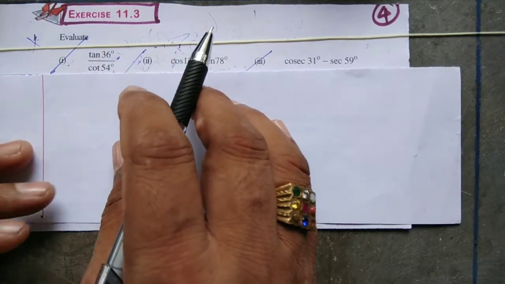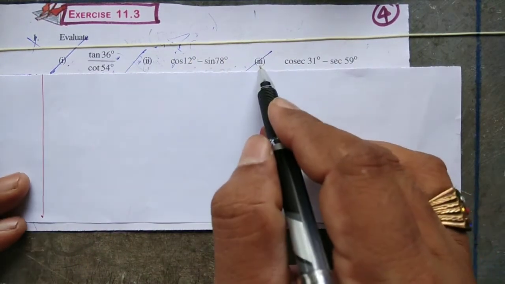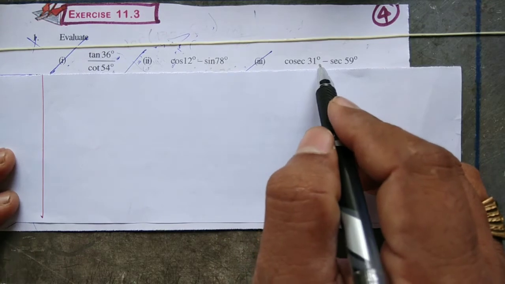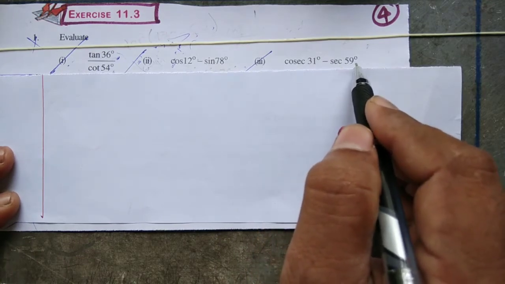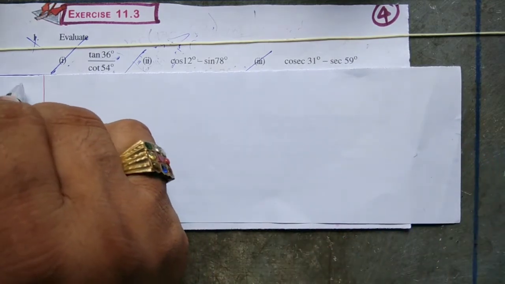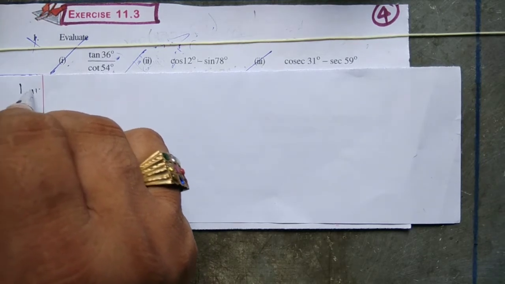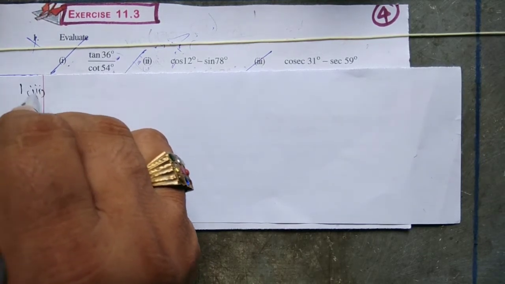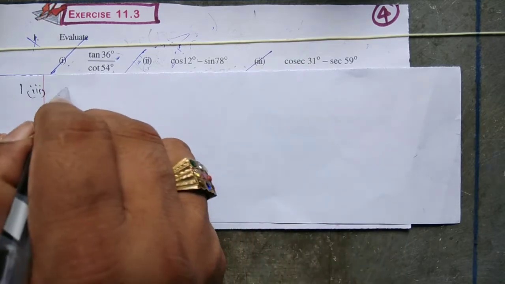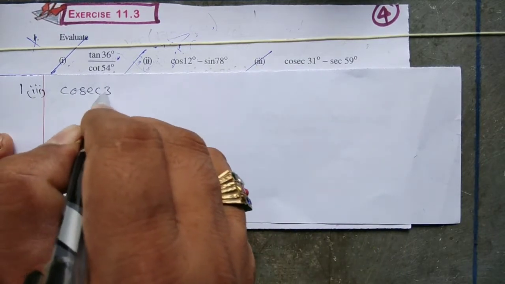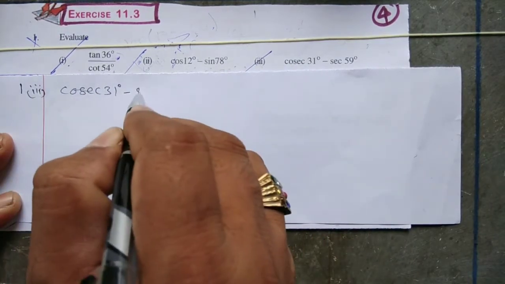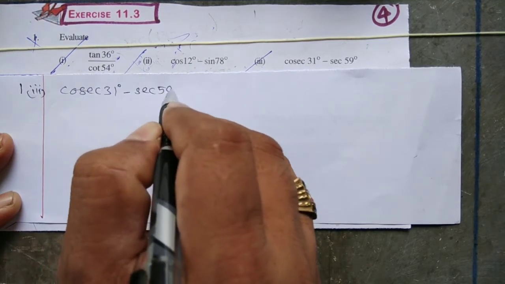Next, first bit, third problem: cosec 31 degree minus sec 59 degree. Given cosec 31 degree minus sec 59 degree.